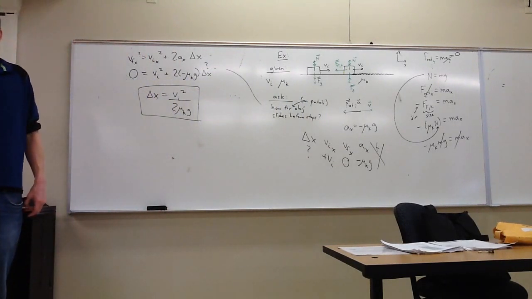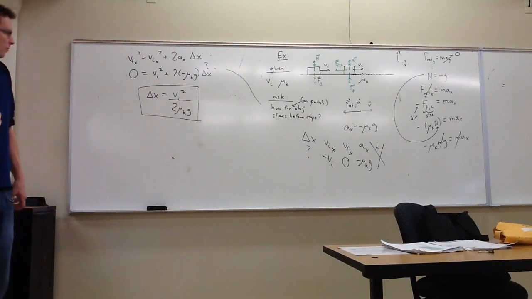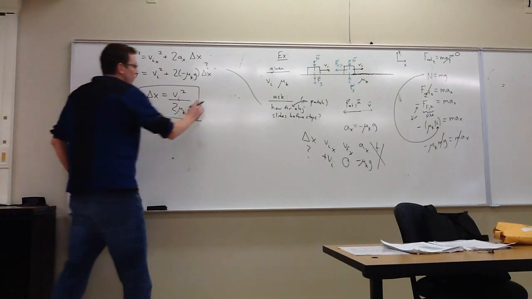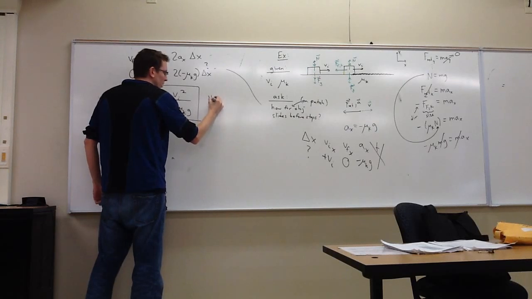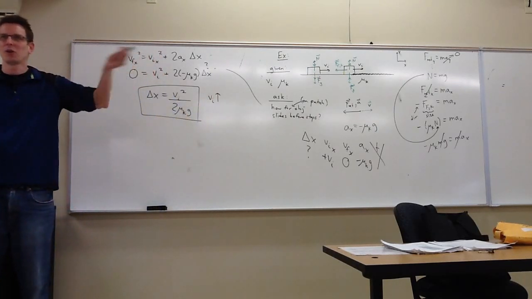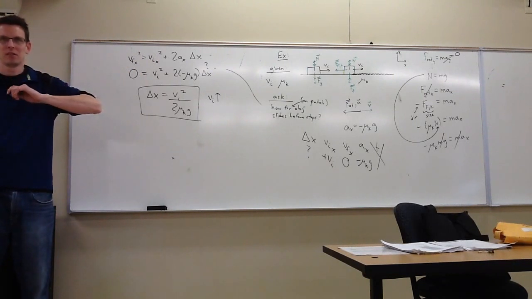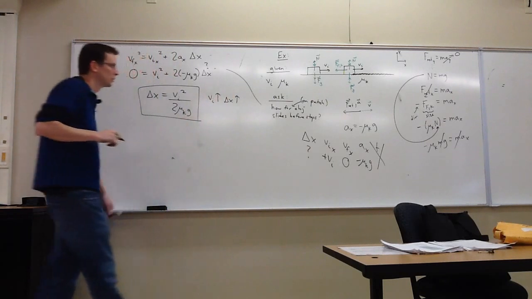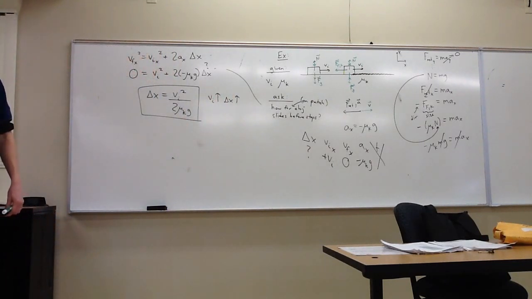Let's just double check it, give it a spin, okay? Let's make sure that the proportionalities are right. So first of all, according to this equation, if you hit the friction patch going faster, should you slide further or shorter distance? Further. Does this equation bear that out?